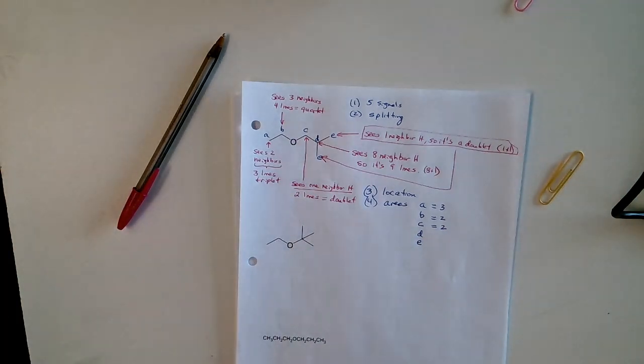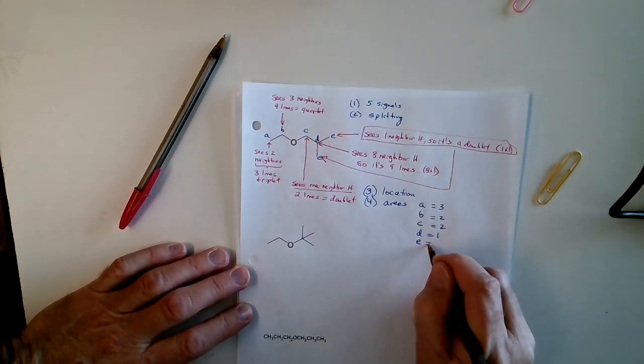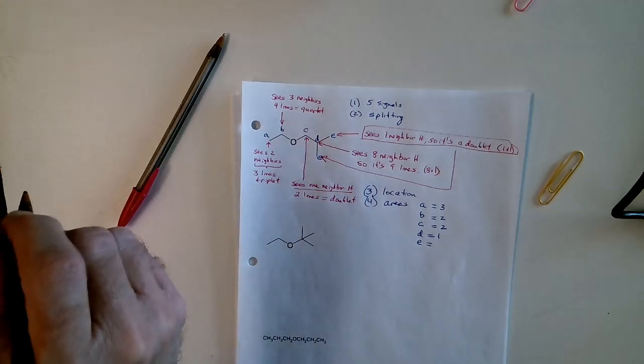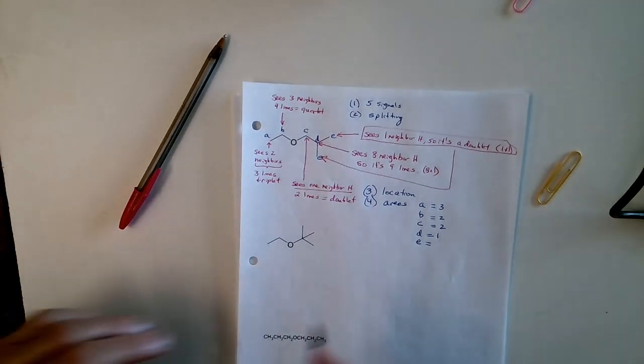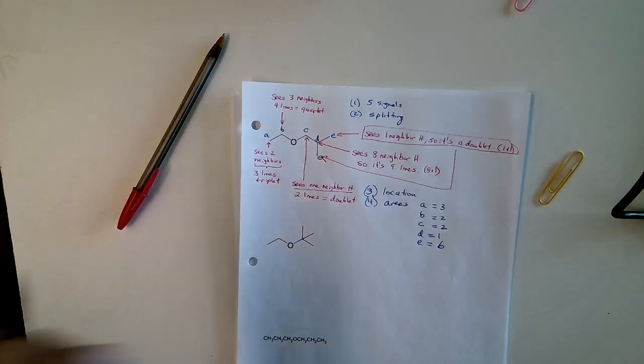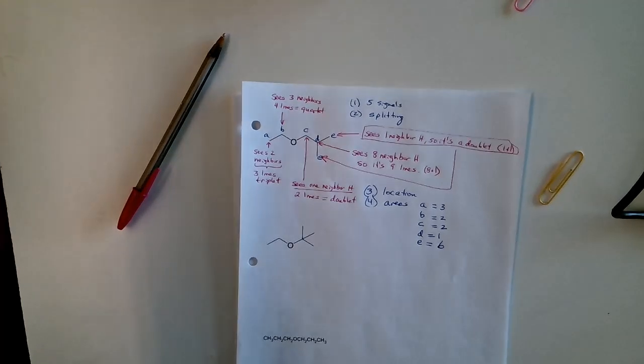You look at D, that one has to be 1, and E has to be what? Not 3, because there are 2 of those things. This one needs to be 6. Total of 6 hydrogens make up that signal from those 2 that are the same as each other.